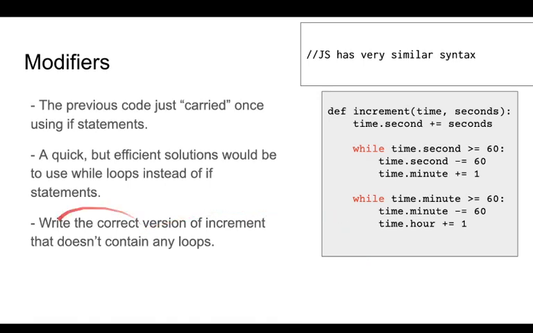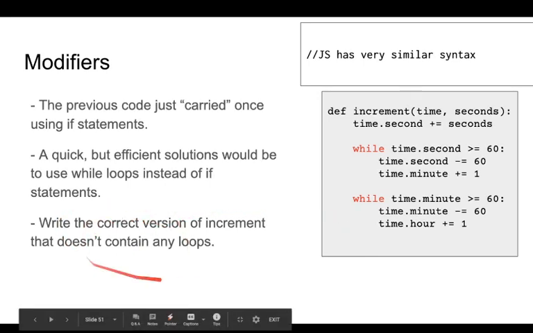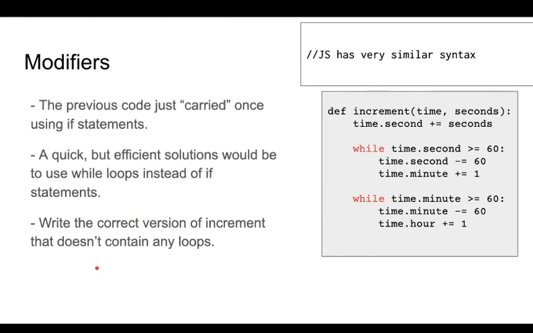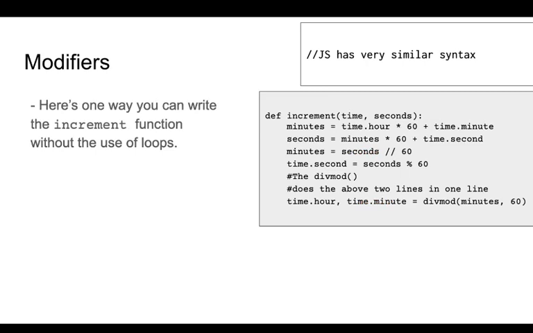But there's a way to write this without loops, and you can pause and think about how that would look. Here's one way. Still with that modifiers idea, you're changing the objects that you're passed, you're modifying the time object here without the use of loops.